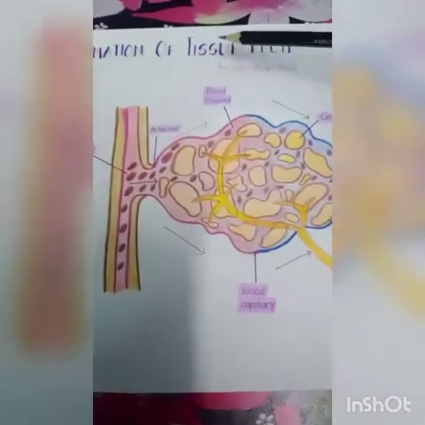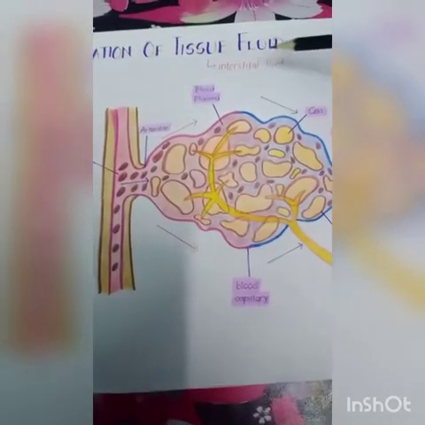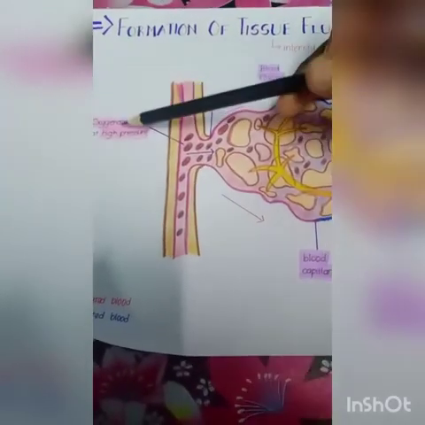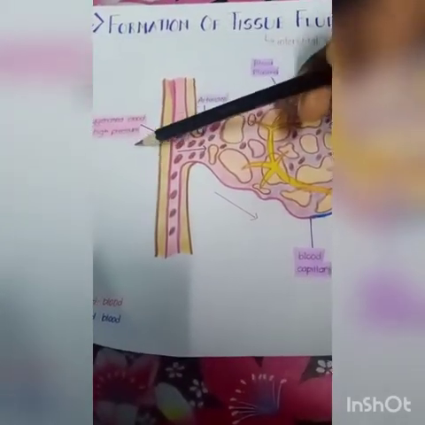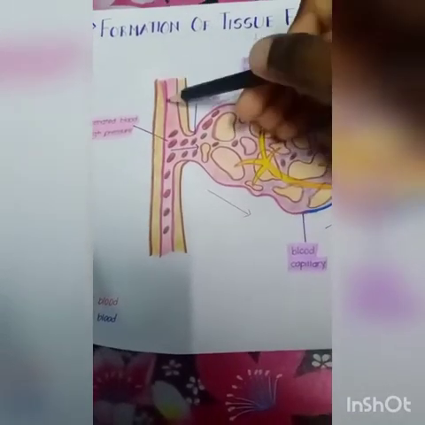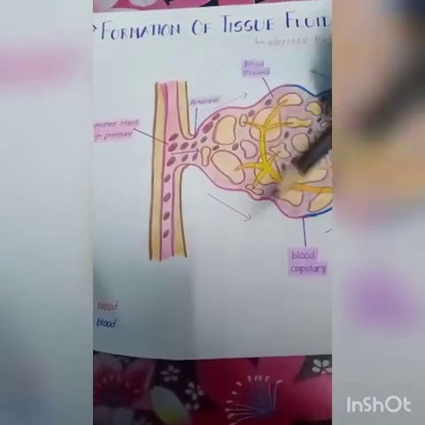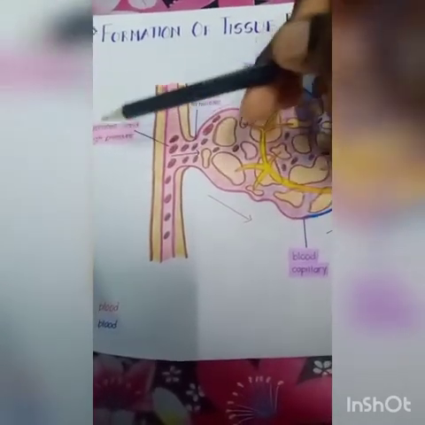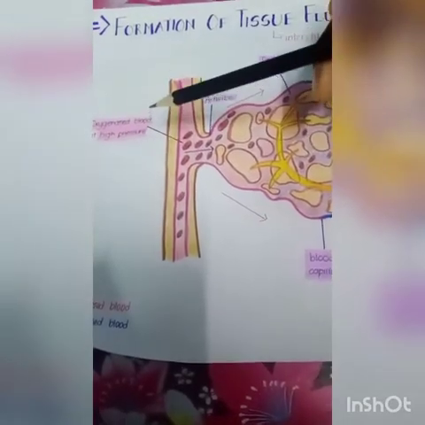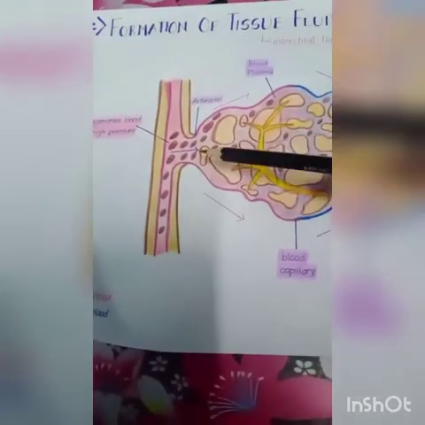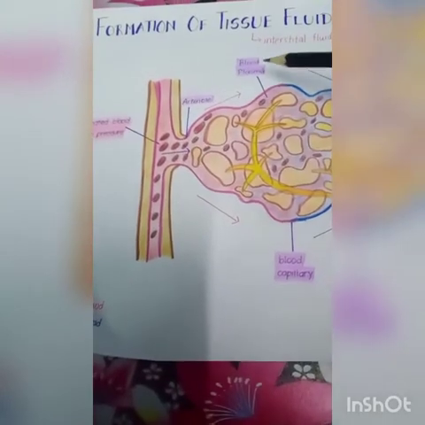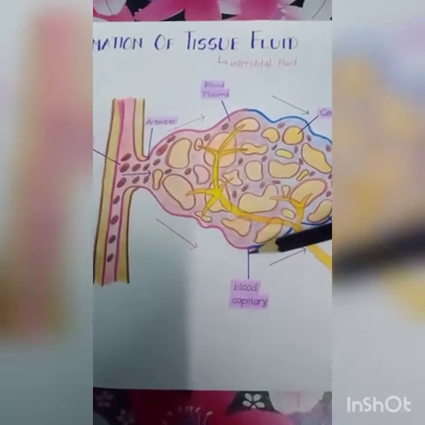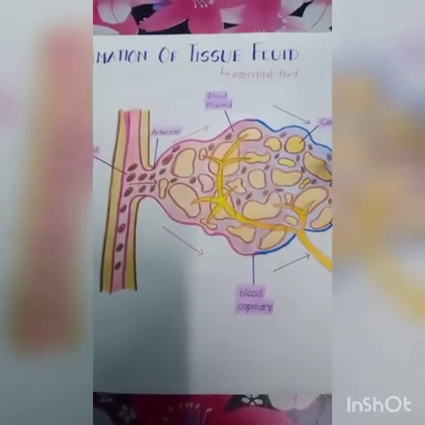First of all, tissue fluid is known as interstitial fluid. As we all know, our artery carries oxygenated blood at high pressure. Why high pressure? Because of the small diameter of the artery and the pumping force of our heart. This high pressure causes the blood plasma to diffuse continuously from the blood capillary to the intercellular spaces.